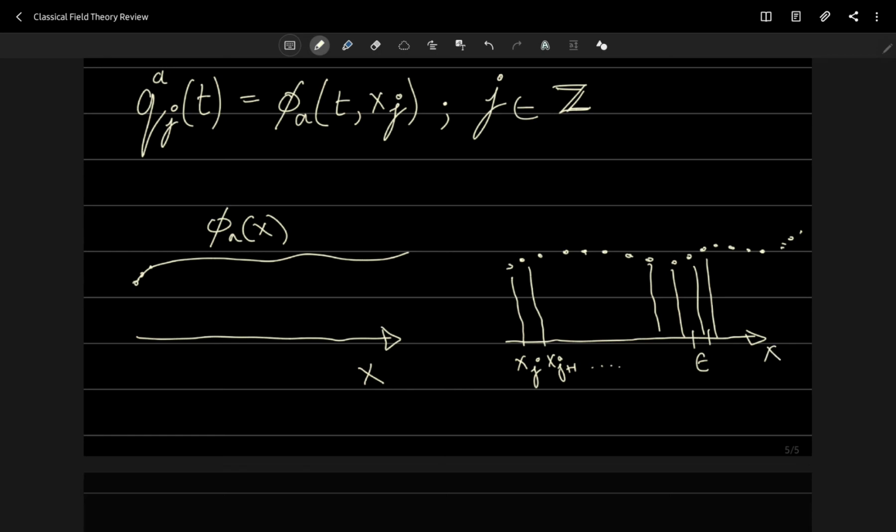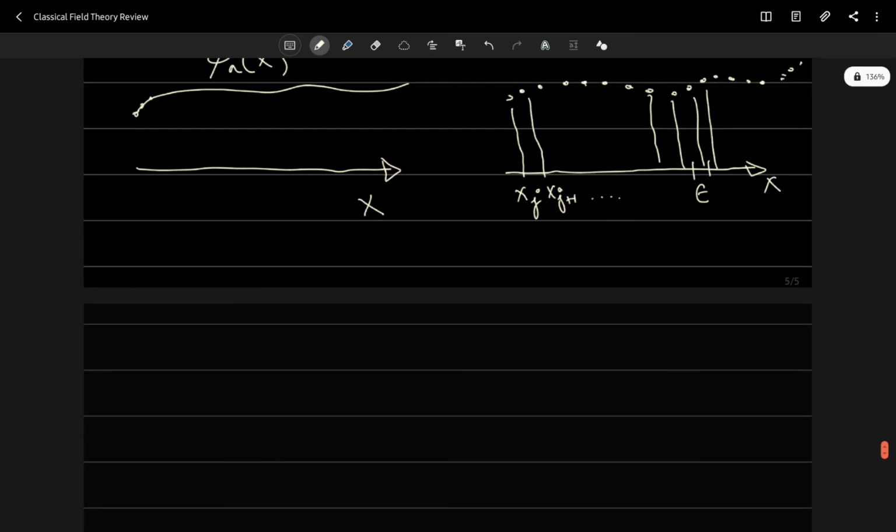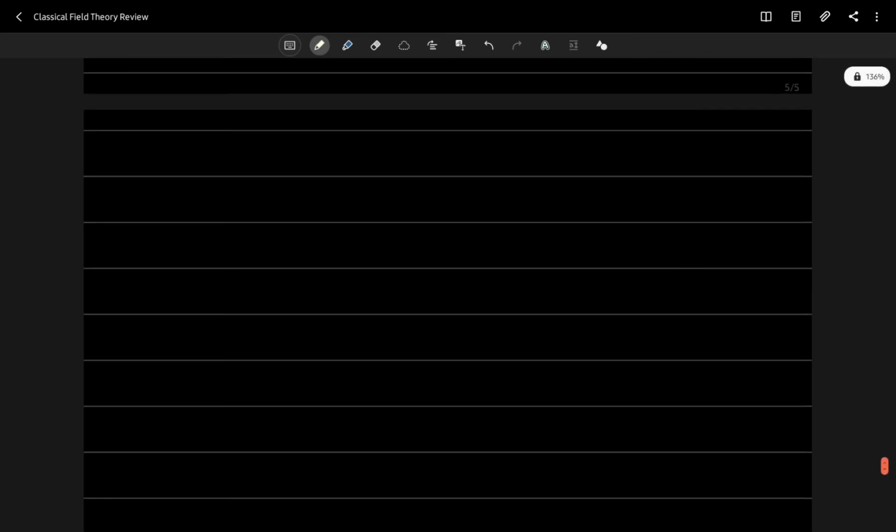So to discretize the action functional and apply the variational principle, we have to replace our partial derivatives, which were partial mu phi a. Why, you ask? Well, this partial mu is a continuous operation, but we need to discretize our action functional.